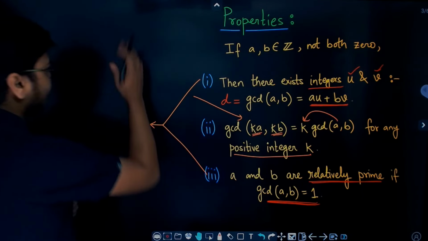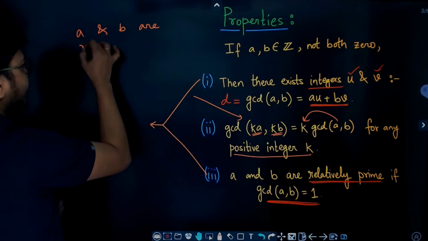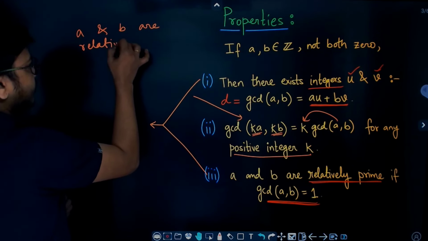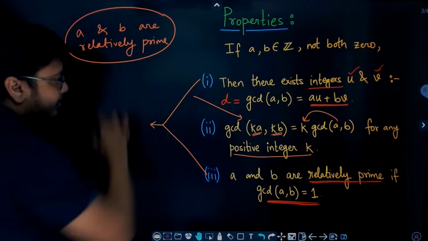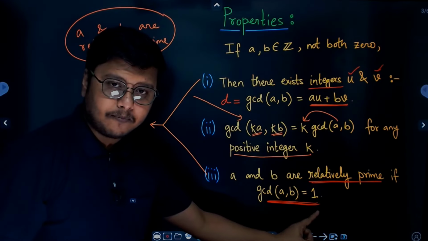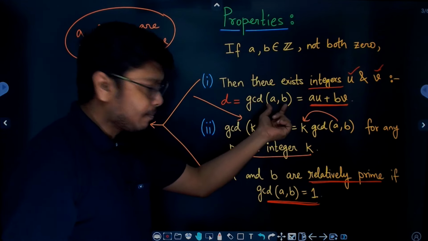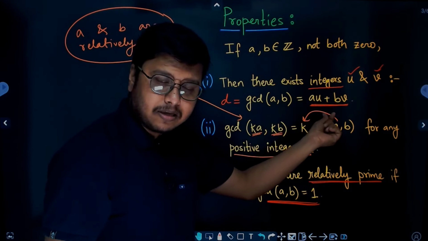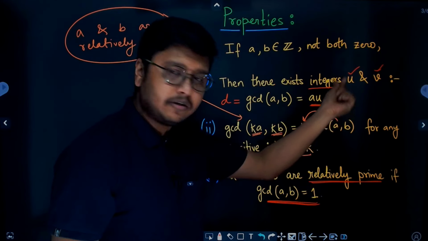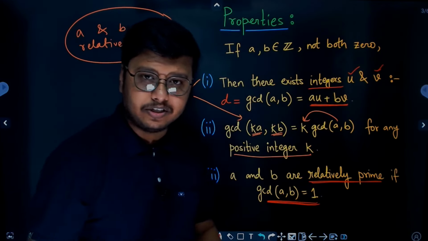Now if I say that A and B are relatively prime, that means the GCD is 1. And from property 1, I know that the GCD of two numbers can be expressed as first number times some integer u plus second number times some integer v, and the existence of u and v is guaranteed, right?